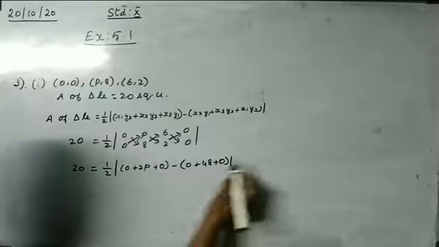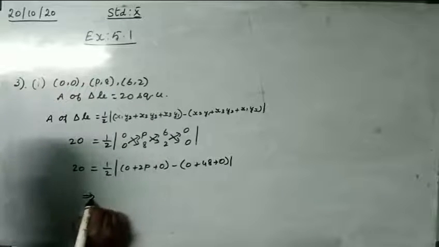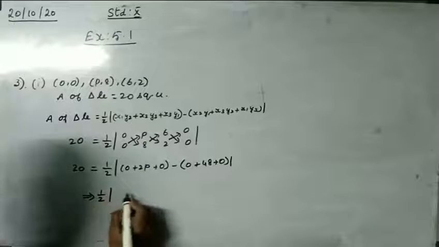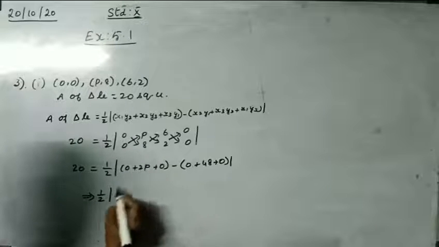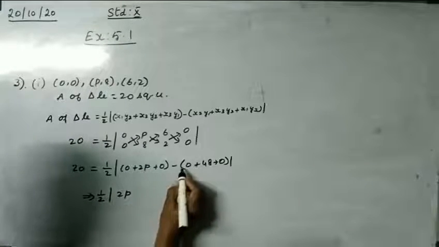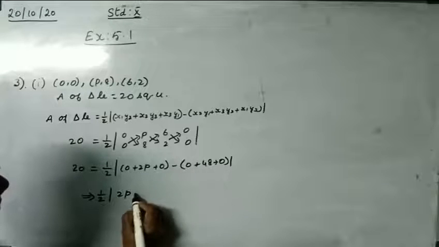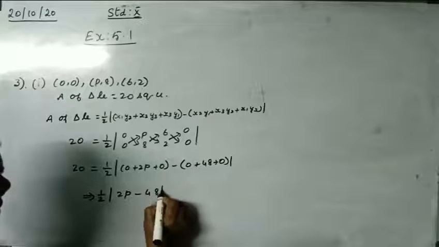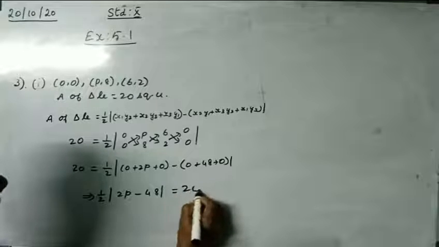The zeros cancel, so it is 2P minus 48 is equal to 20.